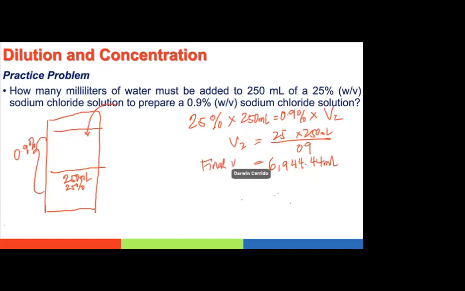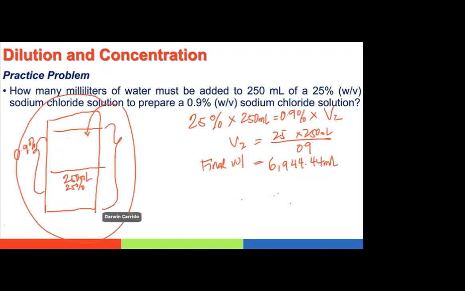What is B2, final volume? Ito ba ang hinahanap? Sa problem, pakibasa ulit, how many ml of water ang inad mo sa 250? Kumbaga, balikan natin itong illustration natin. Ilan daw yung final volume na na-complete natin overall? 6,944.44 ml. Eh, initially, may 250 ml ka na. So, ilan yung inad mo talaga na tubig?